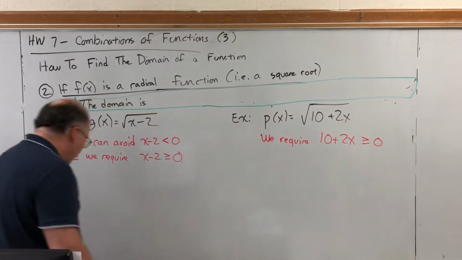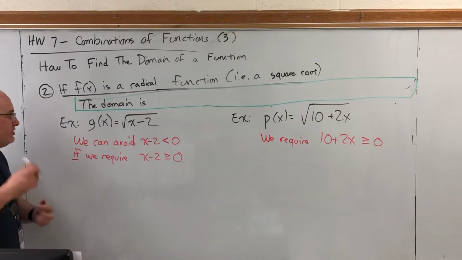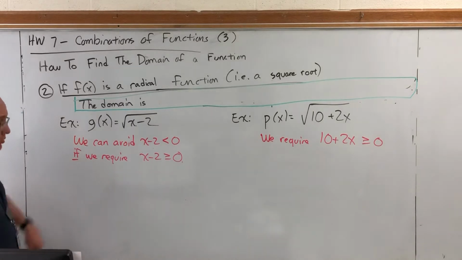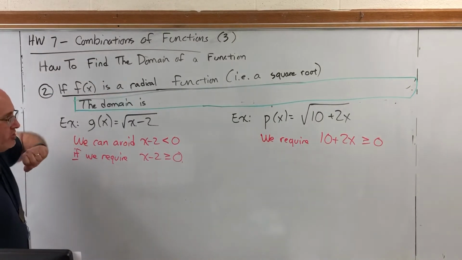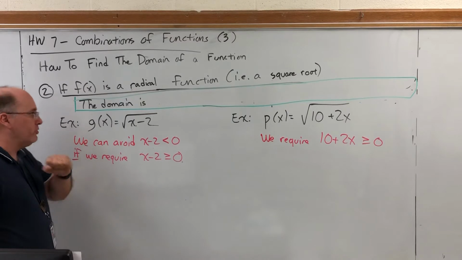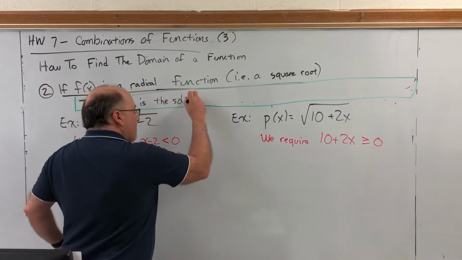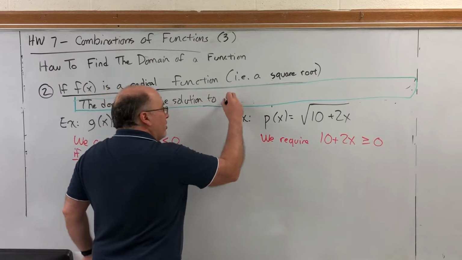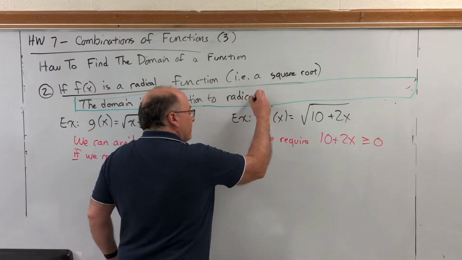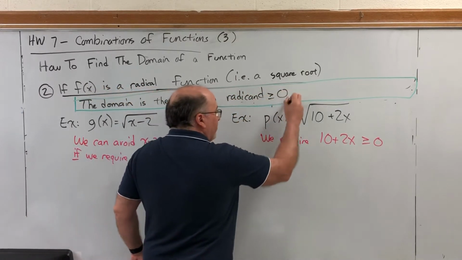These two examples illustrate how you find the domain of a square root function in general. If you have a radical function, and specifically I mean square root, the domain is the solution to radicand greater than or equal to 0.